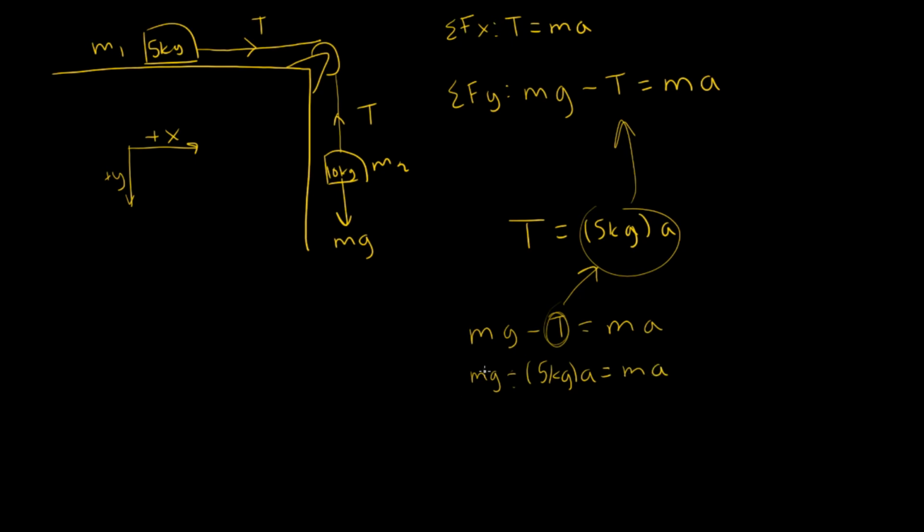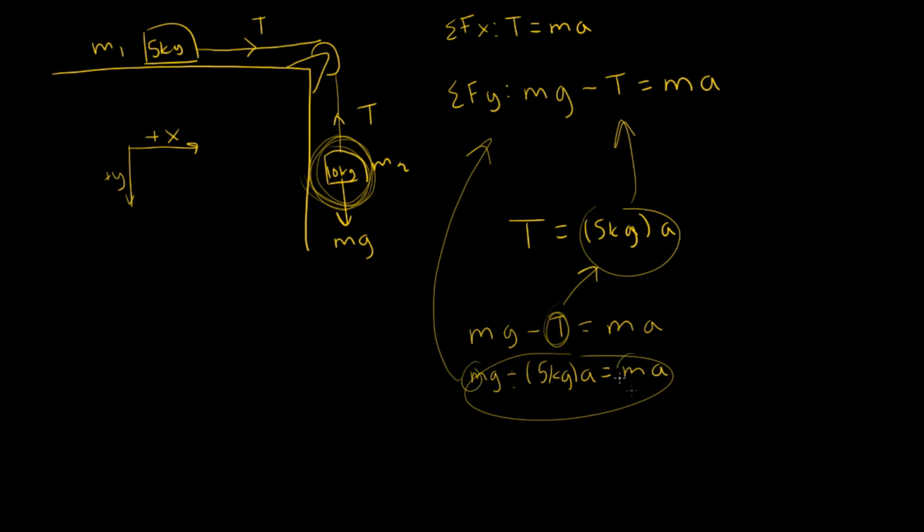We still have masses here for the m's. Because this was derived from the sum of forces in the y equation, we look at what mass is moving in the y direction. We know that this 10 kilogram object is the only object moving in the y direction, so the mass is in fact 10 kilograms.